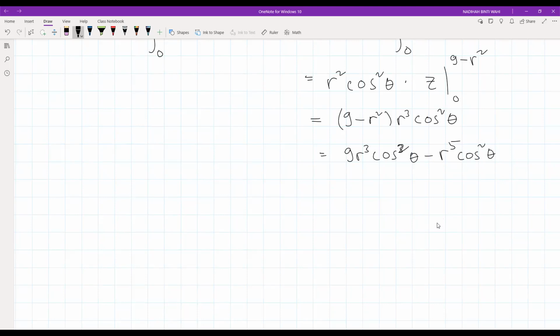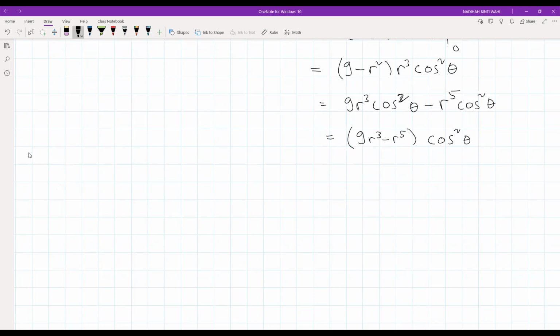All right. So I can factorize cosine squared, I think that's easier to do. So that will be 9r cubed minus r to the power of 5, times cosine squared theta.